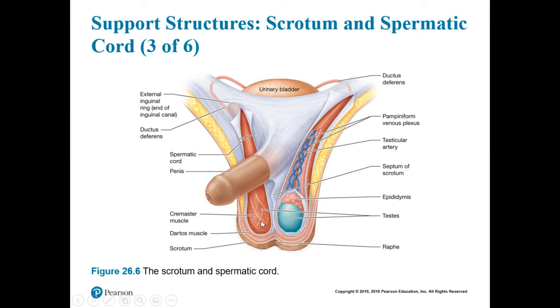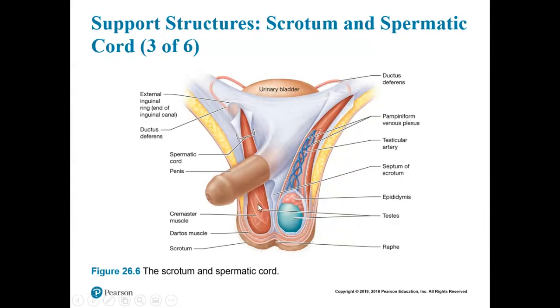muscles right here, the cremaster muscle and the dartos muscle. The cremaster muscle is deeper in relation to the dartos muscle. They have two jobs. One is contraction of the cremaster muscle is actually going to shorten the extension of the testes downwards.